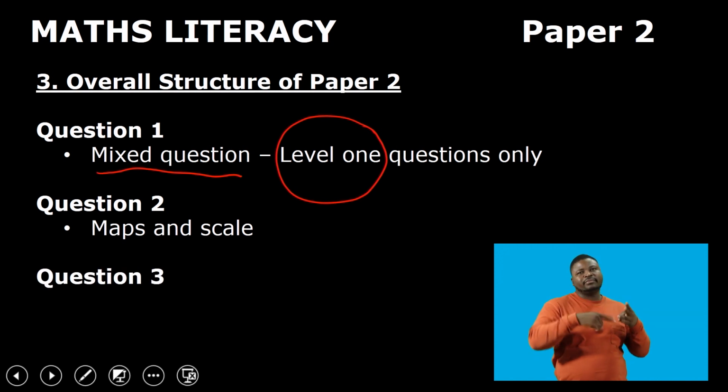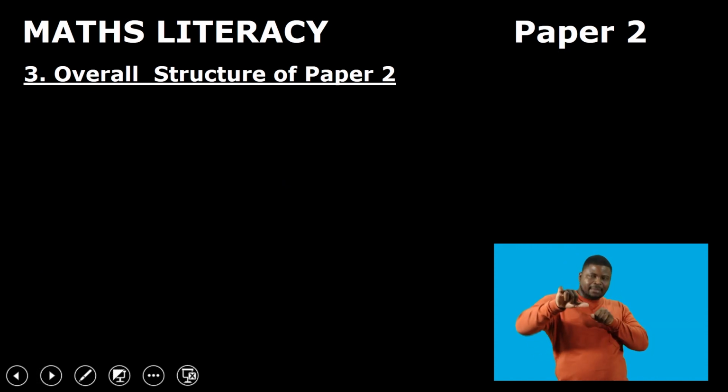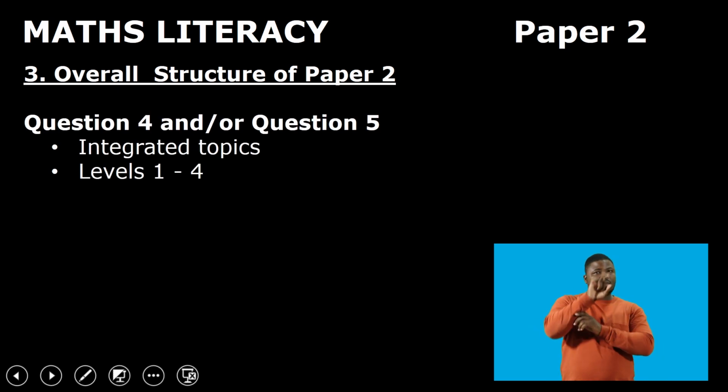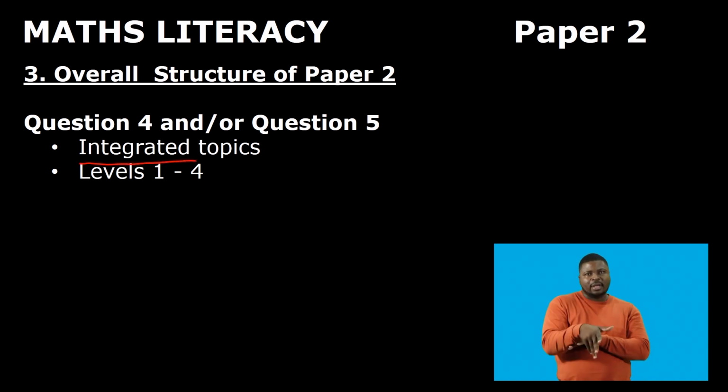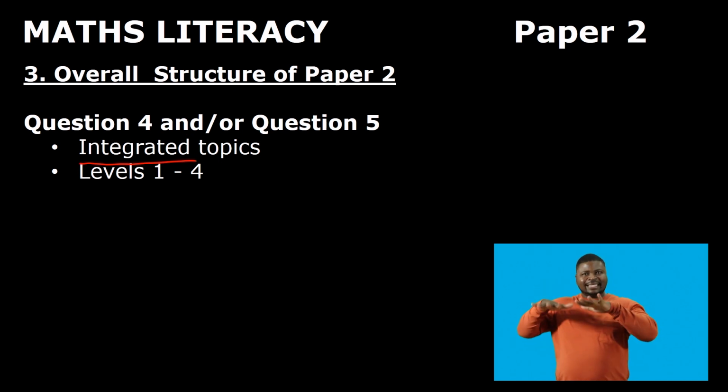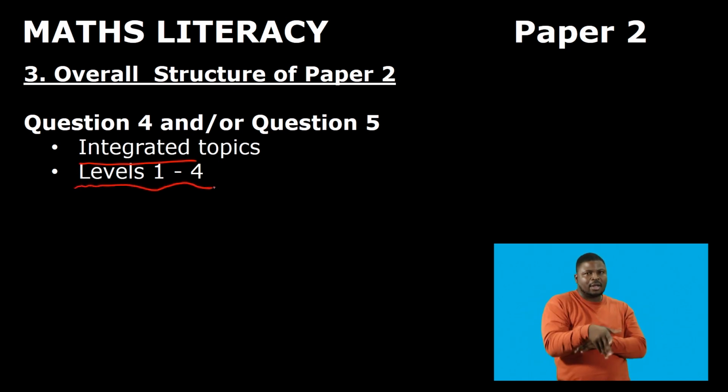Question 3 is going to be measurement, and then we go to question 4, sometimes question 5, that will be integrated topics, meaning maps, scale, measurement, and probability. The difference between question 4 and 5 and question 1 is that now it will have levels 1 to 4.